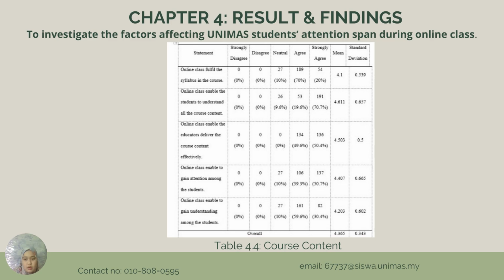Next, respondents also agree that online class fulfills the syllabus in the course, 70%, followed by online class enables gaining understanding among the students, 59.6%, and strongly agree that online class enables gaining attention among students, 50.7%, and online class enables the educators to deliver the course content, 50.4%. According to the findings, the respondents show various reactions towards the course content.